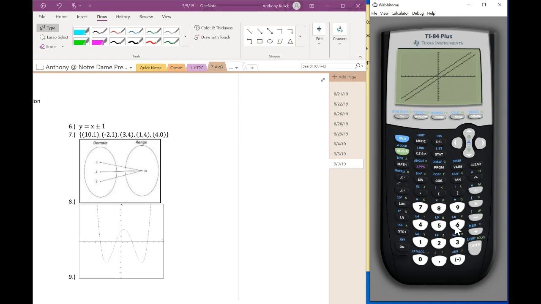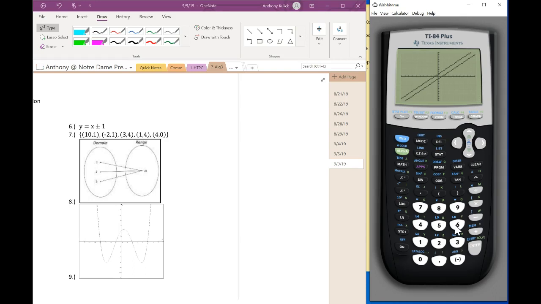And if you look at that, it definitely fails a vertical line test, right? So the graph is a pair of parallel lines, which definitely fail to be a function all over the place, right?